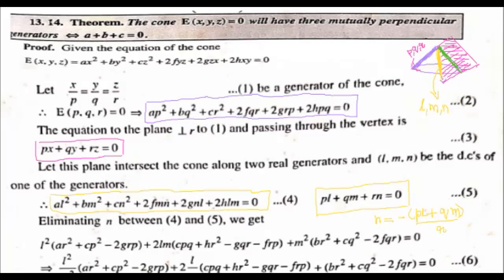Now, on further simplification, dividing by M square, we get L square by M square into something, similarly plus 2 L by M into something, plus something. This represents a quadratic equation in L by M. I hope that is clear.